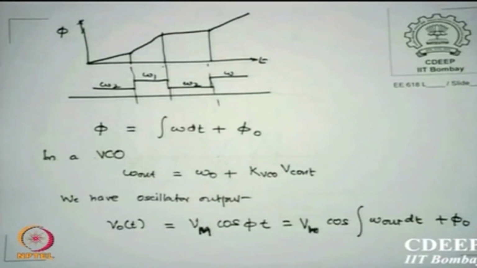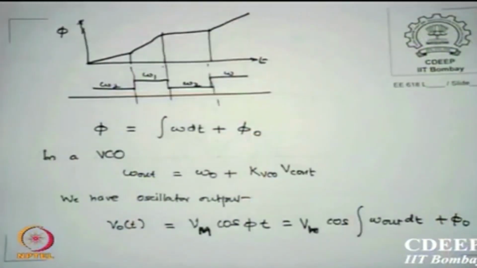Why are we trying to do this? We want to figure out, and this is very important, and that's why PLLs are used in fact. Our worry is, let us say, that the control voltage which I am going to apply is not constant.